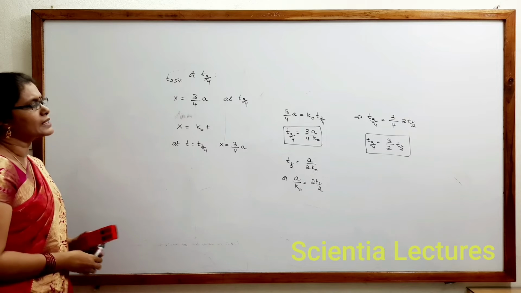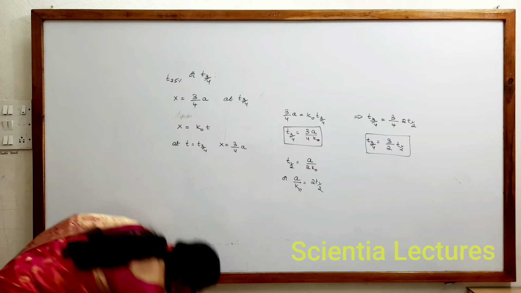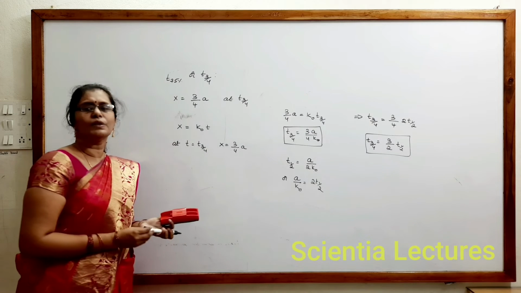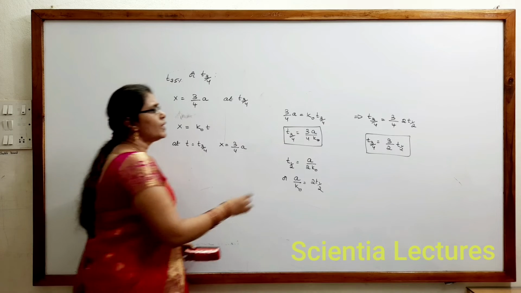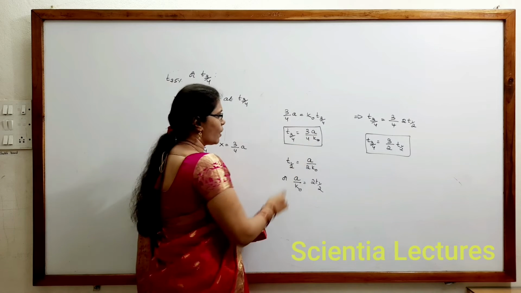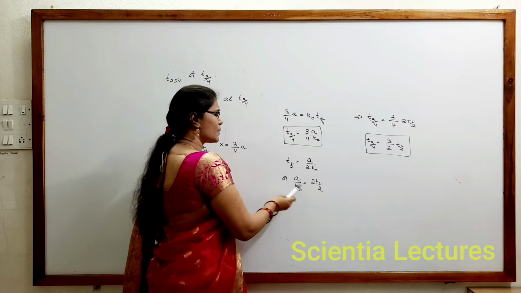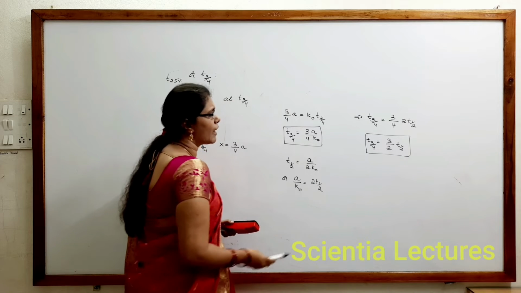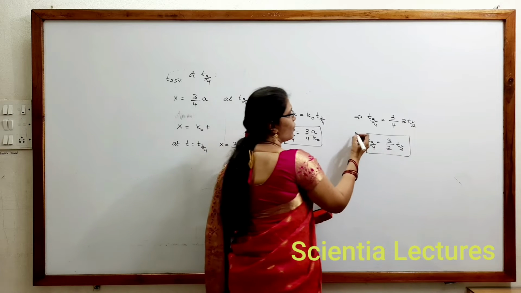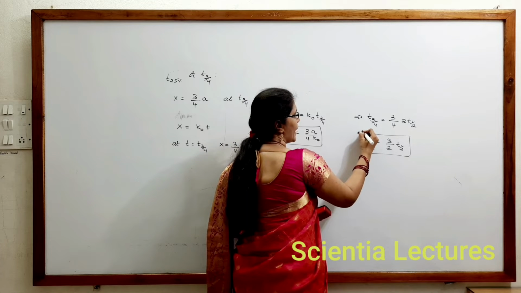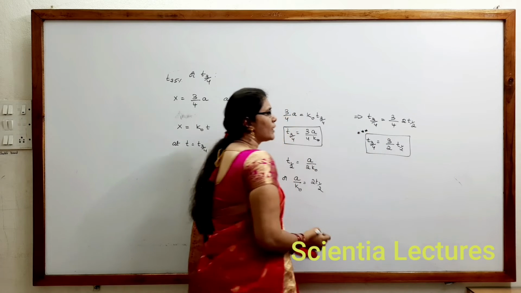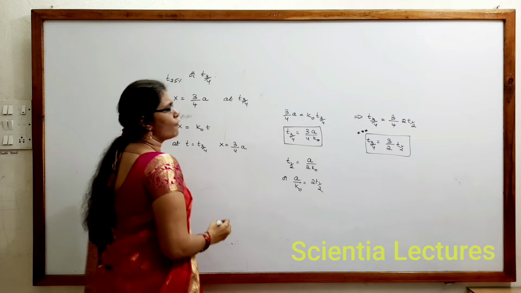You will get it as 3 by 4th of A by K naught. So when you take T 3 by 4 equal to 3 by 4th of A by K naught, how it is related to T half? If you substitute A by K naught equal to 2 T half, you will get T 3 by 4 of a zero order reaction must be equal to 3 by 2 times of T half.